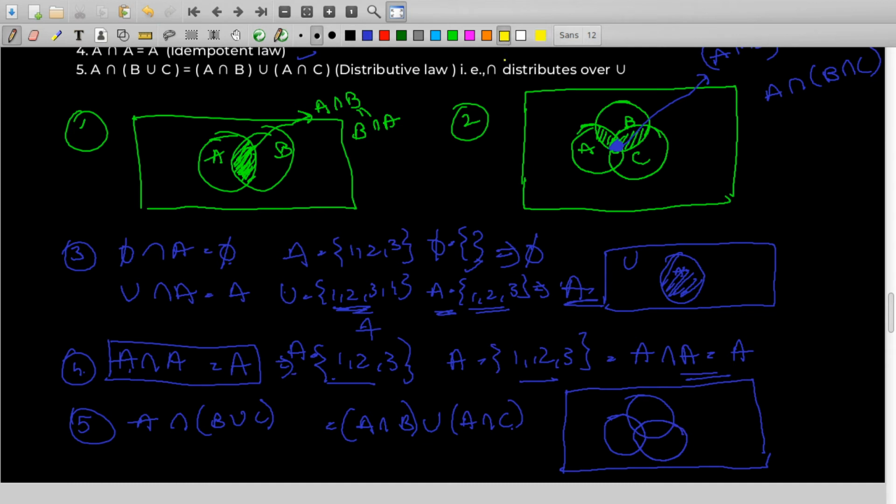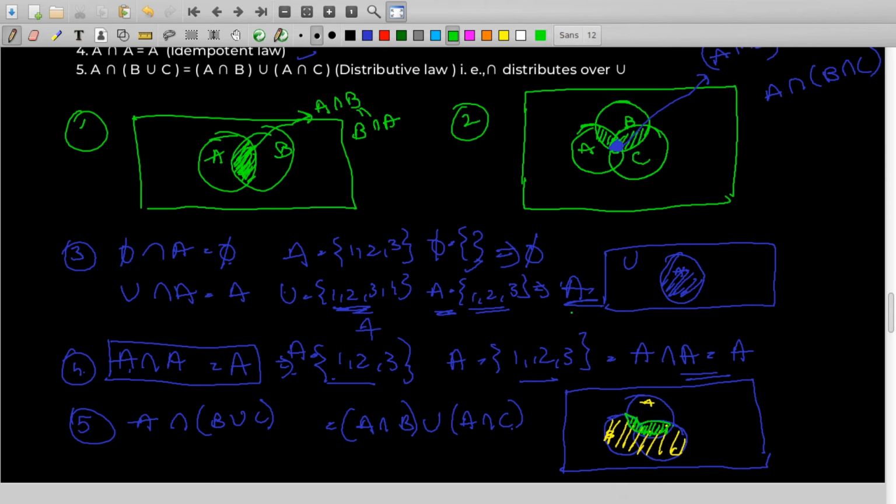Okay, so let's say this is A, this is B, and this is C. So what it says is A intersection (B union C), right? So B union C will be this area, and A intersection of it will be, let me take another pen. So A intersection of that will be this area, right?